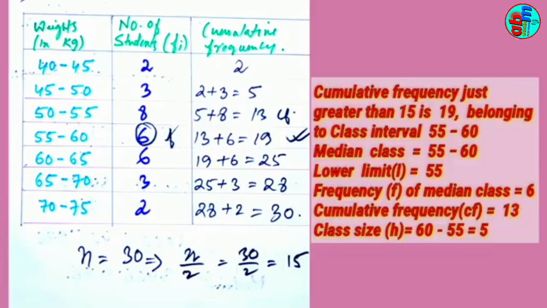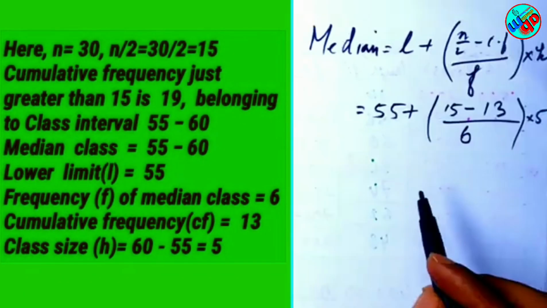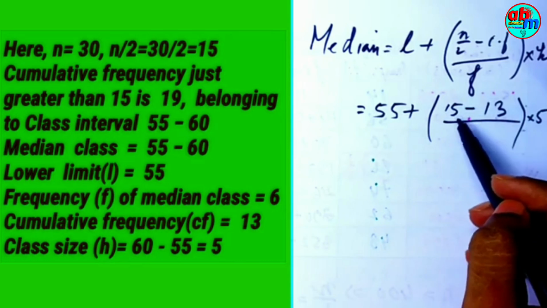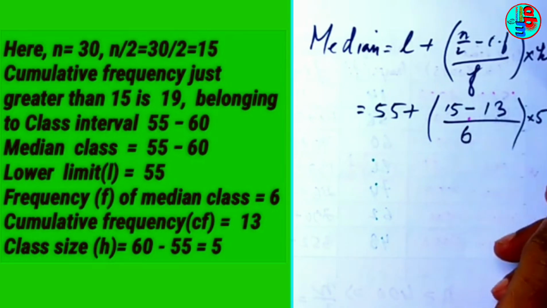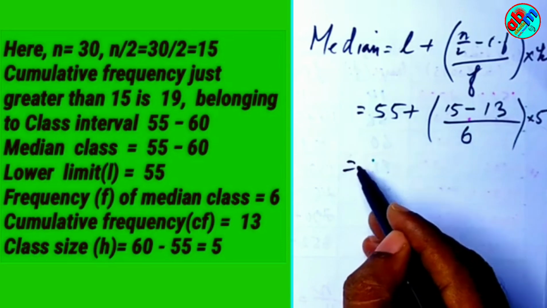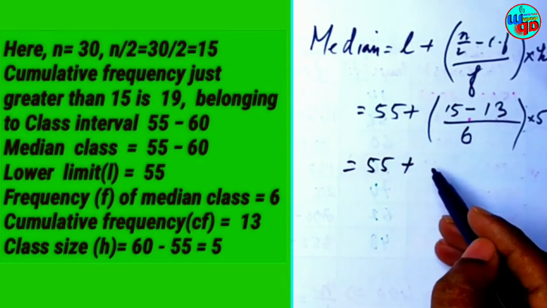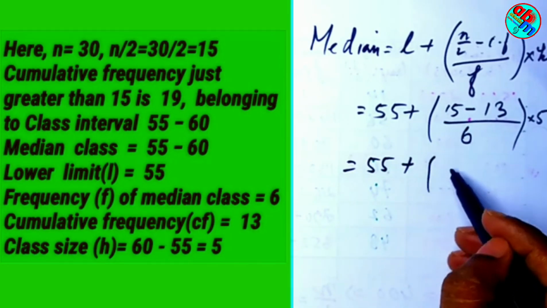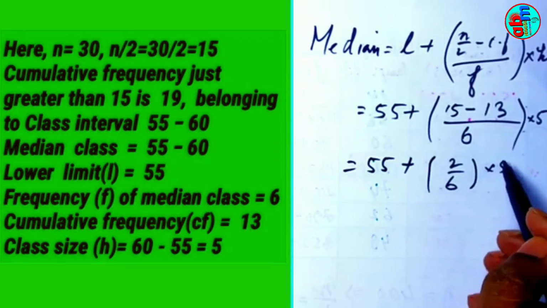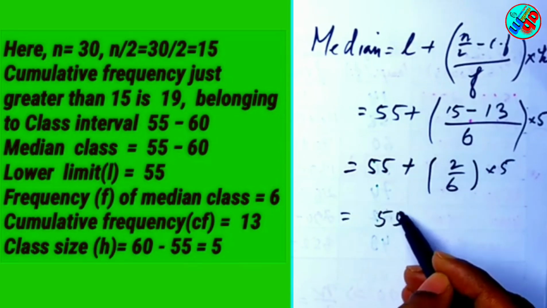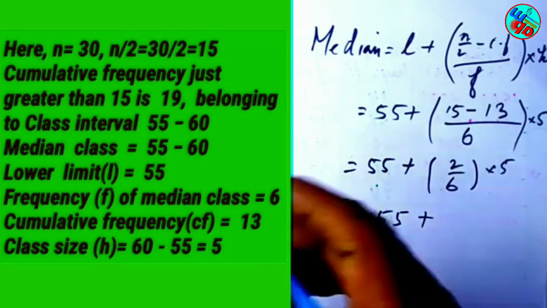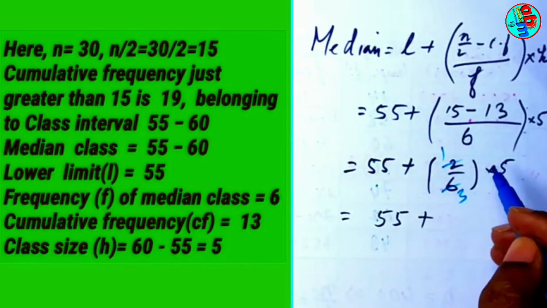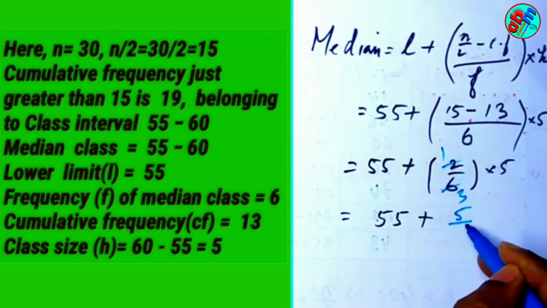So now with the formula, let's calculate the median. As L is 55, n by 2 is 15, minus cumulative frequency 13, divided by 6, which is our frequency, into h, which is 5. So we calculate it here: 55 plus 2 by 6 into 5, which is equal to 55 plus, we can divide it, 2 1 2, 2 3 6, so it is equal to 5 by 3.